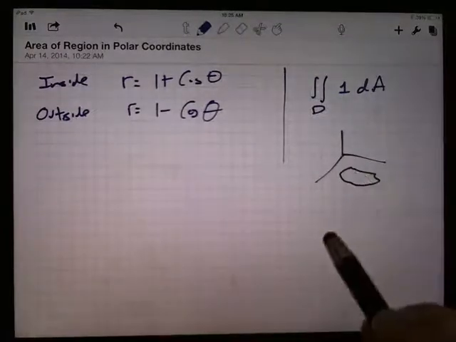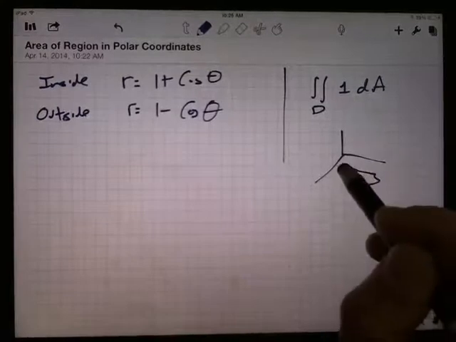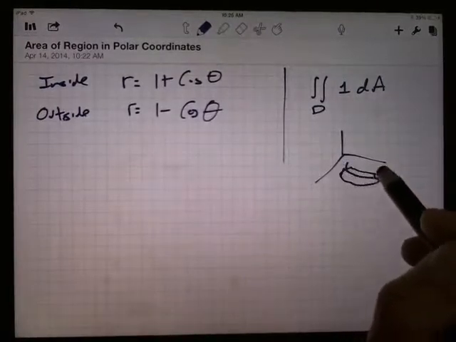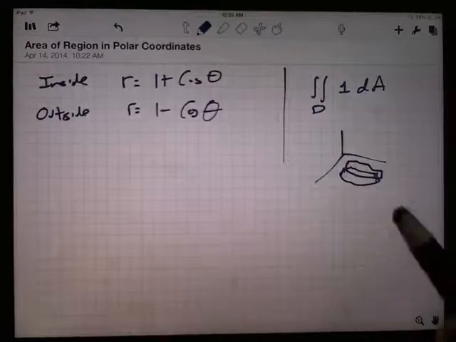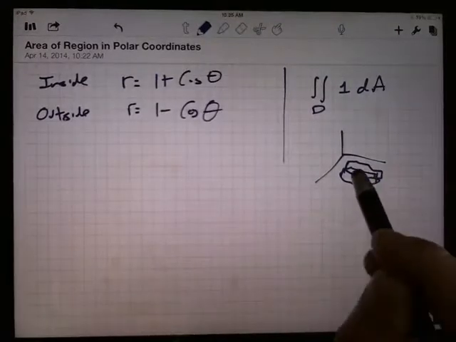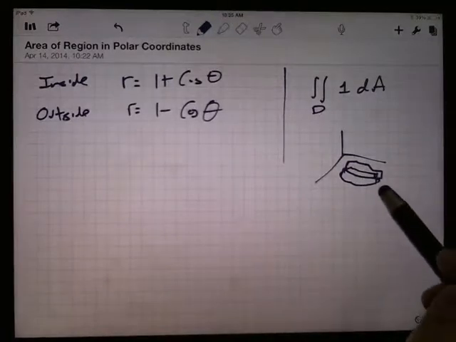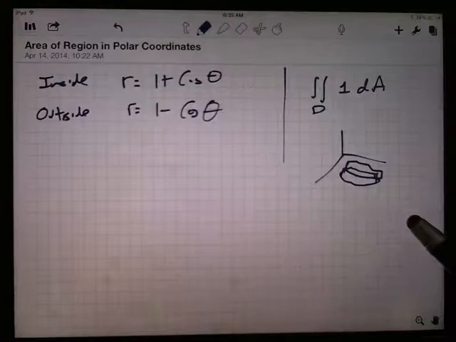We've got this region down here in the xy plane, and you've got this height function. Well, if the height function is just 1, essentially you're just making a little cylinder out of that area, with height 1. To calculate the volume, it's the area of the base times the height. Well, if the height is just 1, then the area of the base and the volume are going to be the same numerically.